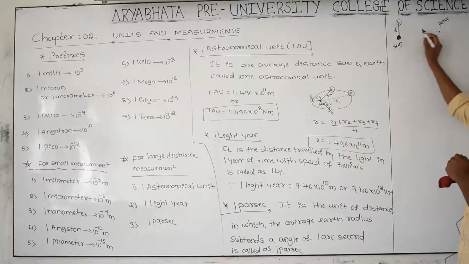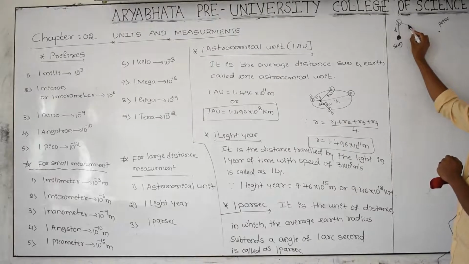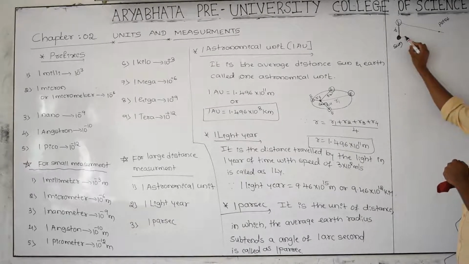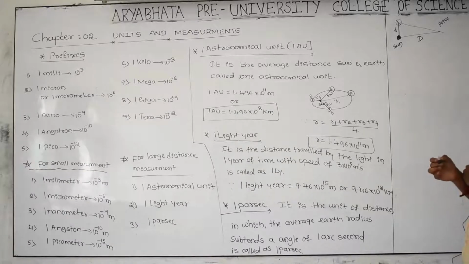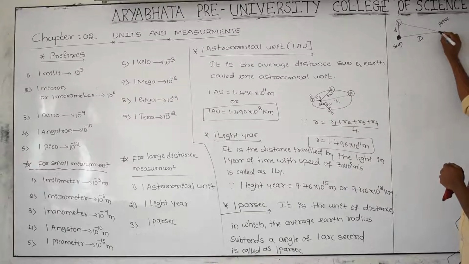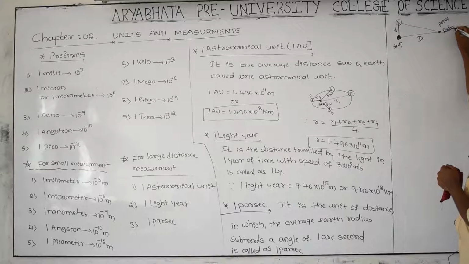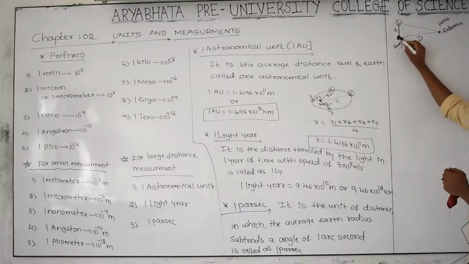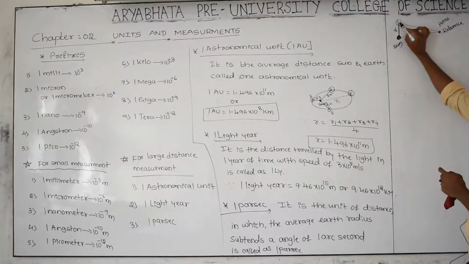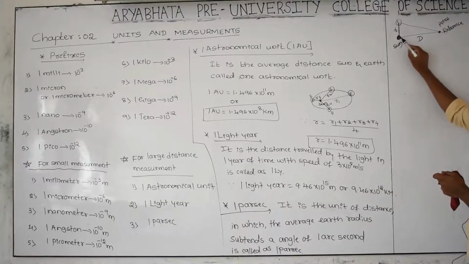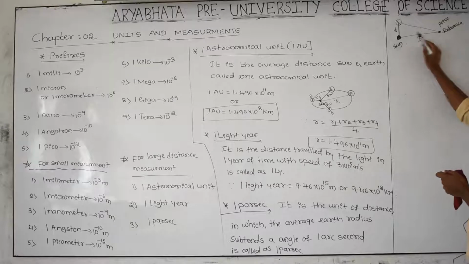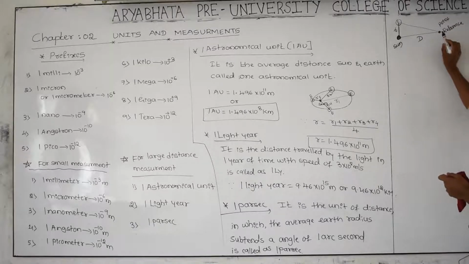From the earth I am taking one line, and from the sun I am taking one line. This is a reference point. In between these two, the distance is a small r, and the capital D is the distance between the sun and this object. And this angle I am taking as theta.